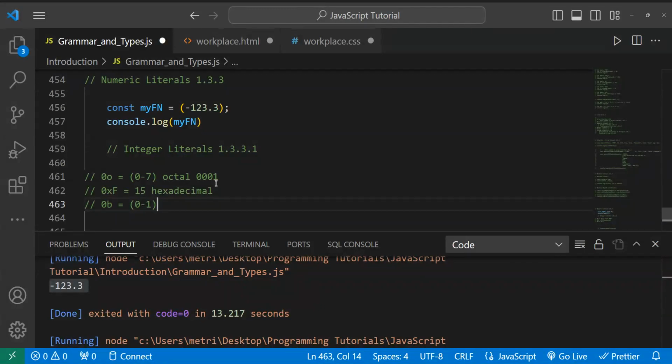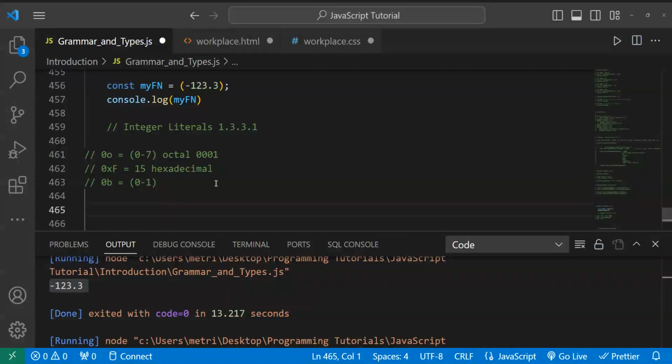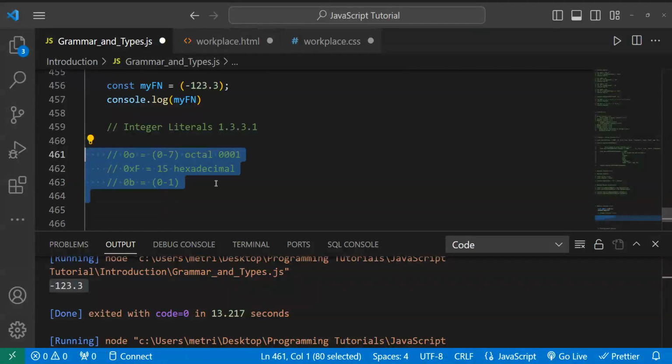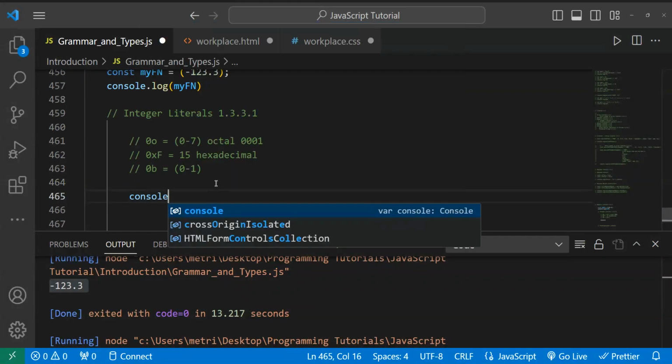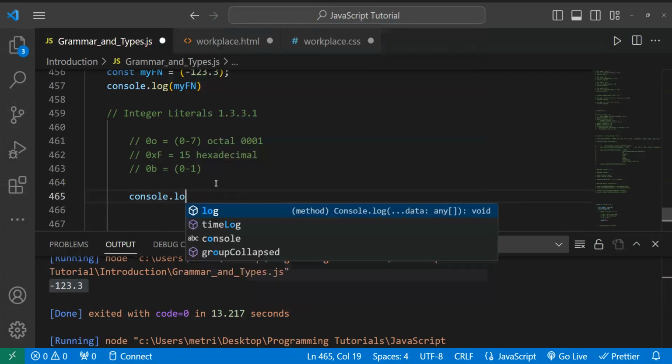So okay, I think it was already easier to understand. Integer literals, we can explain in an easy way with an example. Let's say console.log.